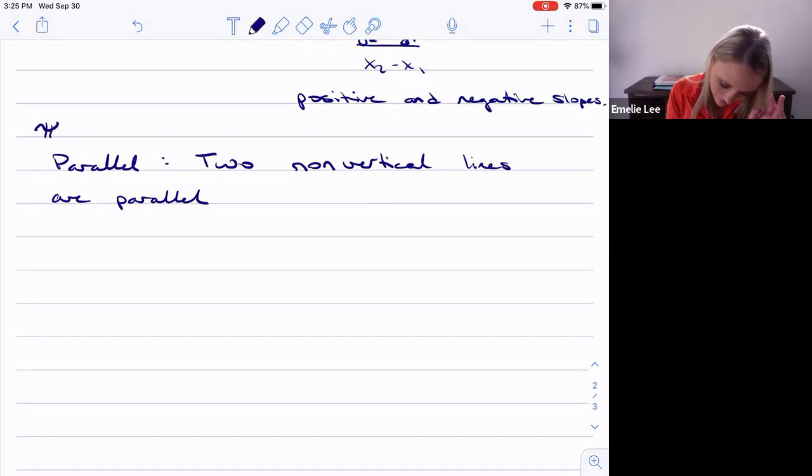If I was able to draw, so they can't be like this. Come on, straighten out. Doesn't want to. Hey, this program is supposed to correct all my lines. Anyways, I think you get the idea. Vertical line, non-vertical line.